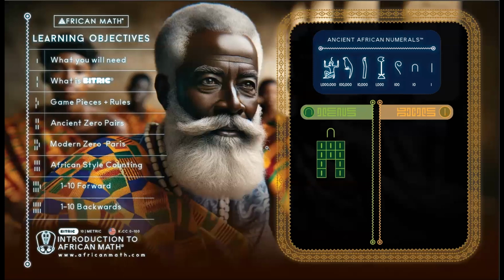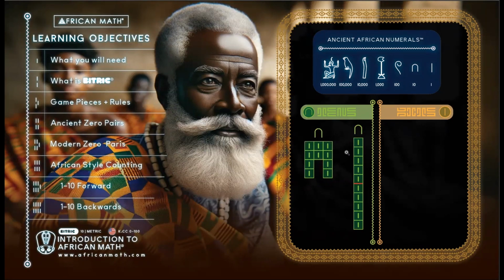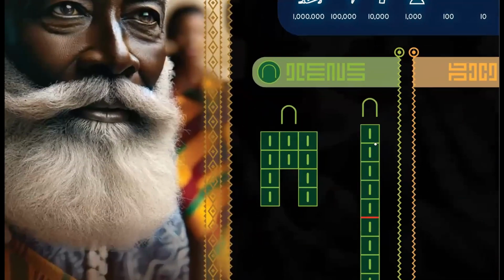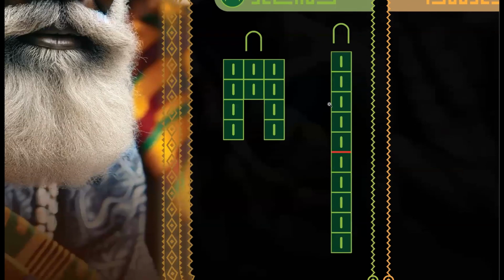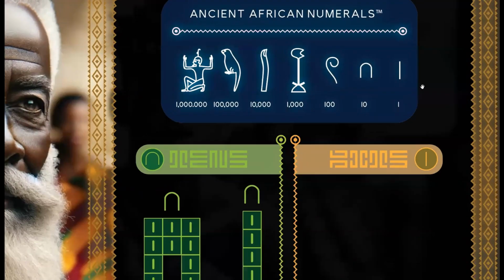Now, I do have some news if you are familiar with a game here in America that's becoming very popular. It's called the Quick 10 system. So for African math, you can use a Quick 10s system. We're not going to use Quick 10s right now because Quick 10s is confusing when it comes to our place value system, because the 10s notation is the same as our 1s notation.